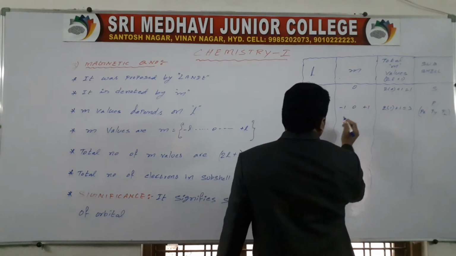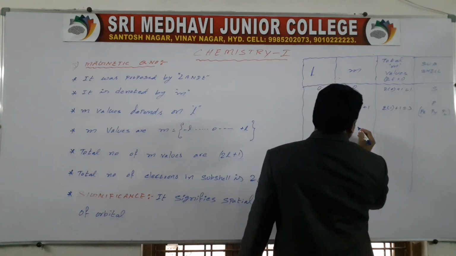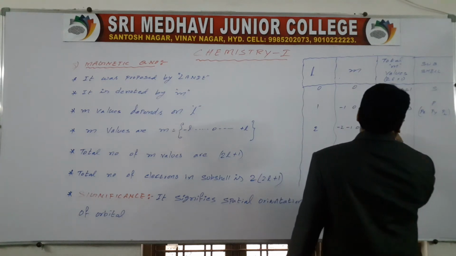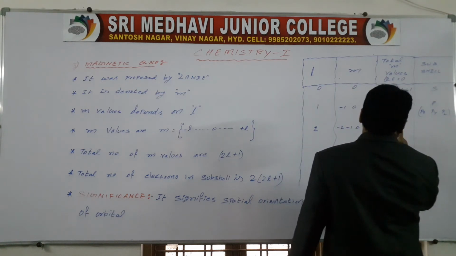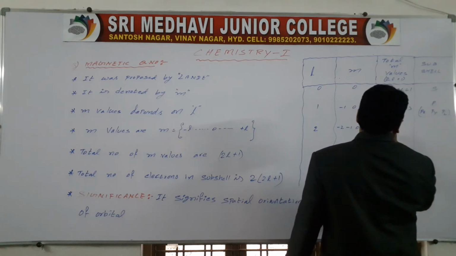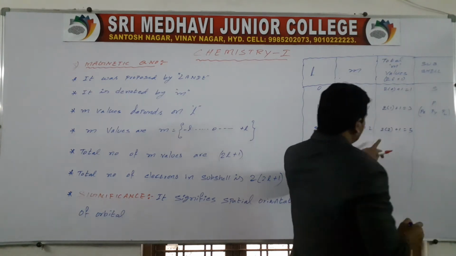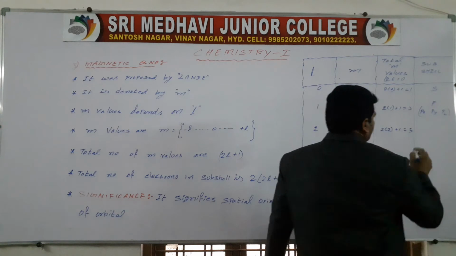Then L is equal to 2: minus 2, minus 1, 0, 1, 2. Then here 2 into 2 plus 1 equals 5.